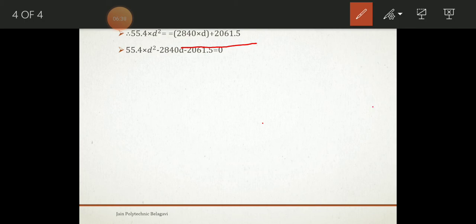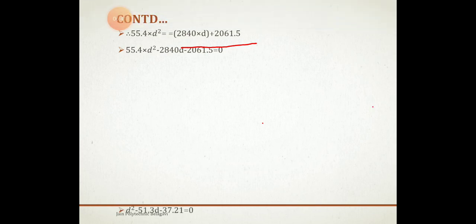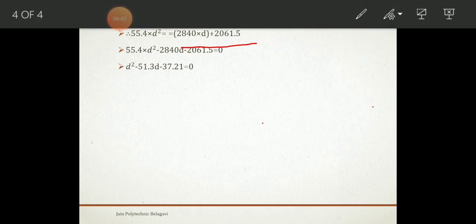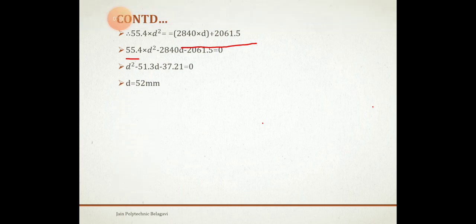Next, what I did is I divided throughout this equation by 55.4, so that I get D square minus 55.13D minus 37.21. Next, it is a simple quadratic equation. We can find the roots of the equation very easily with the help of your calculators.